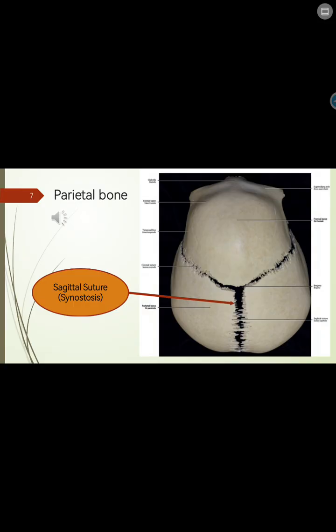The kind of suture is synostosis and has a bony structure, and it is a very critical and important suture in the body and in the anatomical sciences, because we have a lot of sections of the body based on the sagittal suture.